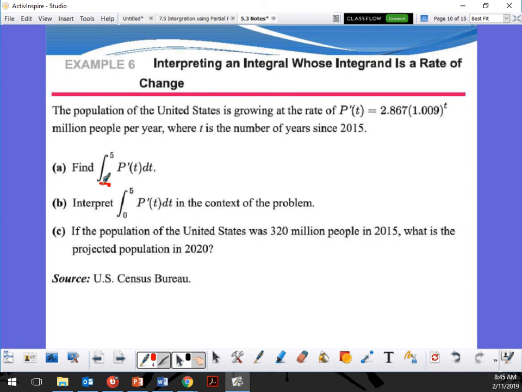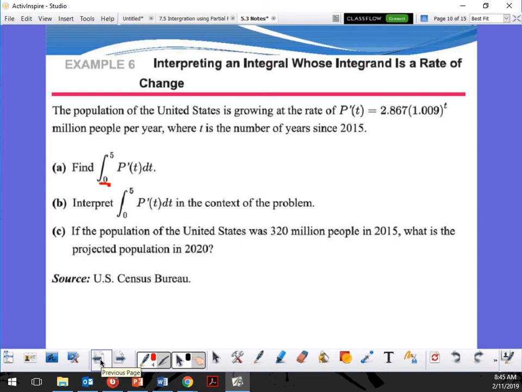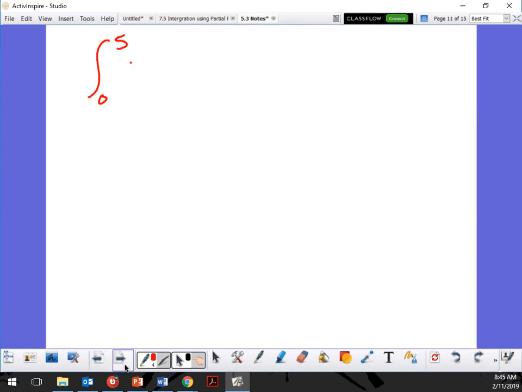All right. Anyway, with that one right there, let's go through it. And what were the numbers? There's a lot of zeros. 2.867, and it's 1.009 to the t power.